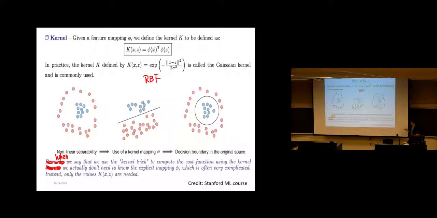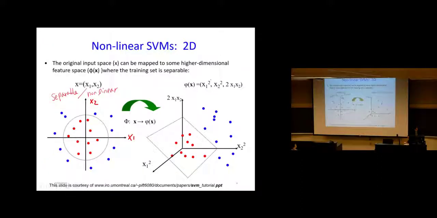We actually do not need to know the explicit mapping phi. What we really need is just this function. For this function, I don't know what phi is, but it's equivalent to phi(x) transpose phi(z) for a specific phi. Let me just call this phi 2, and the previous design was phi 1, right?